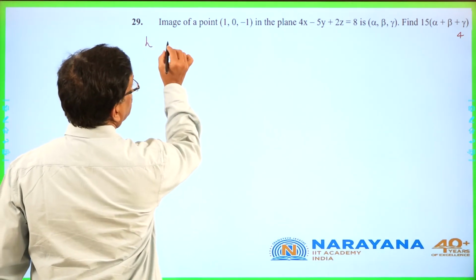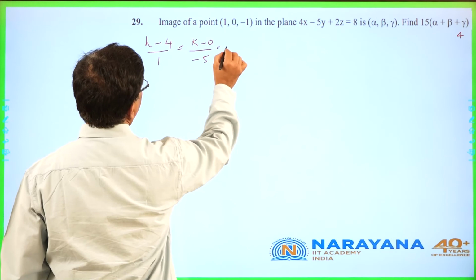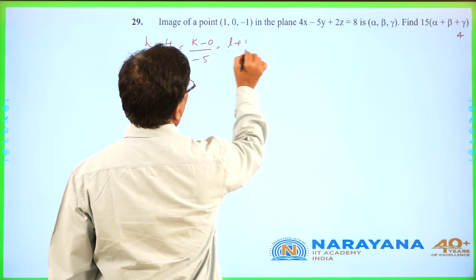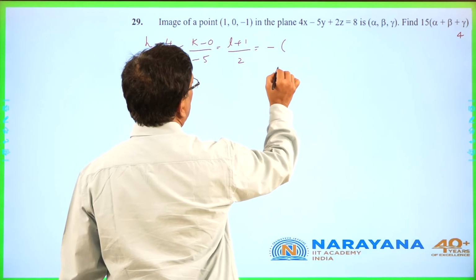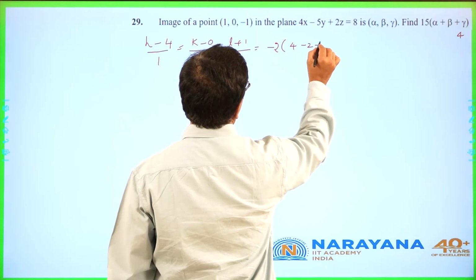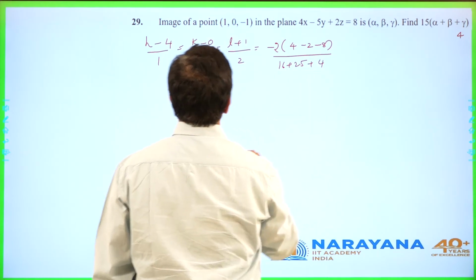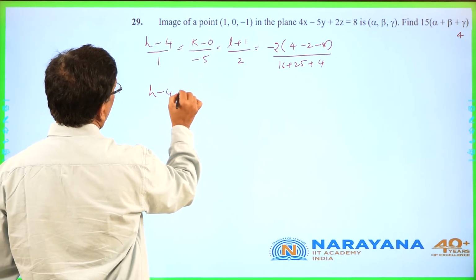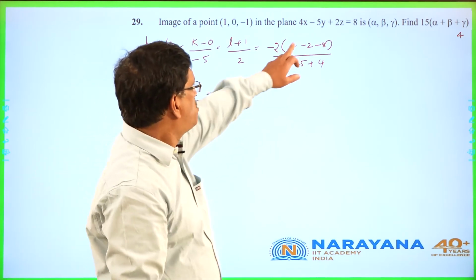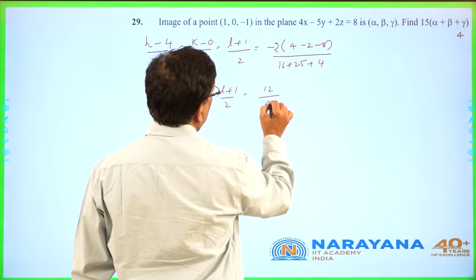So, h minus 4 by 1 equal to k minus 0 by minus 5 equal to L minus, right, 1, that is plus 1 by 2 is equal to minus 2 times 4 plus 0 minus 2 minus 8 by a square plus b square plus c square, that is h minus 4 equal to k minus 5 equal to L plus 1 by 2 minus 10 minus 6 minus of minus plus 12 by, this is 20, 45.